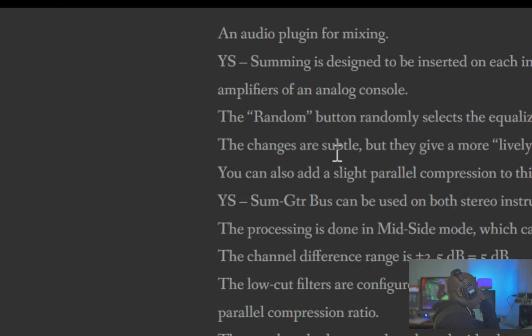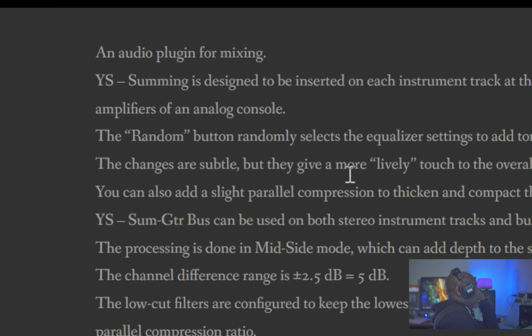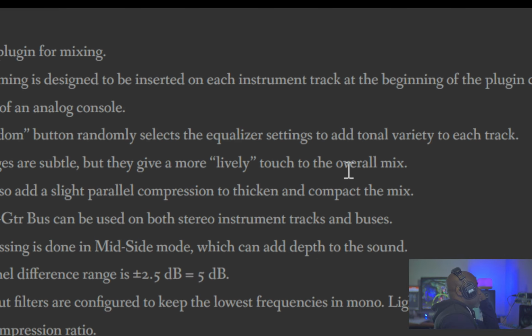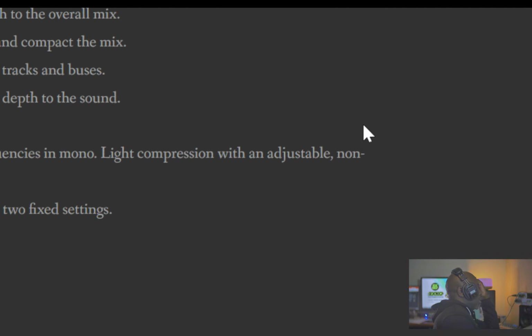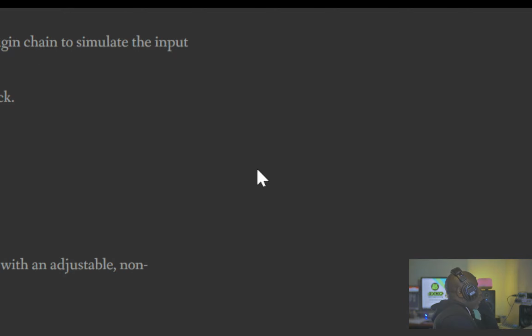And the changes are subtle, but they give a more lively touch to the overall mix. You can add a slight parallel compression to thicken and impact the mix. And it says that the processing is done in mid-side mode. And it's just adding a lot of variation. So that's basically what summing is.